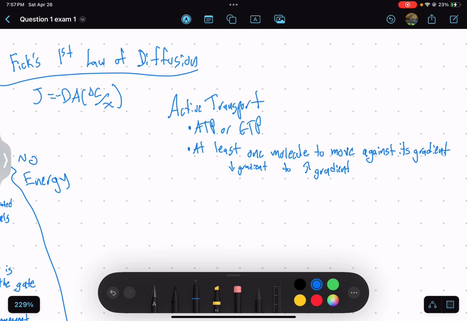The first one we're going to talk about is primary active transport. This directly uses ATP.